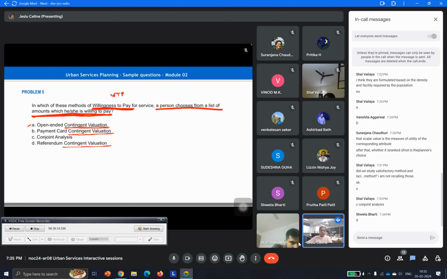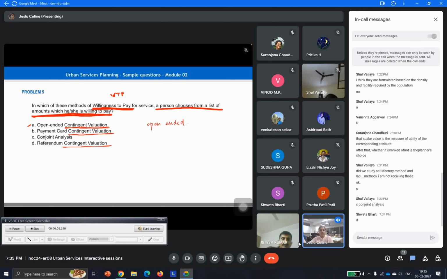In the contingent valuation method, you're directly getting it from the people on how much they're willing to pay, a proper price. Based on different methods, you're actually getting a value out of people. In open-ended, it's completely open-ended. There are no boundaries on how much the person should be paying. The person is directly asked how much they would be willing to pay for a service. For instance, a new facility is going to come up.